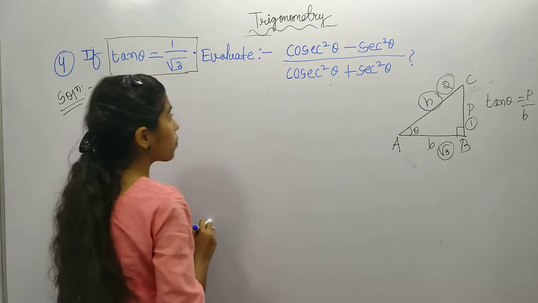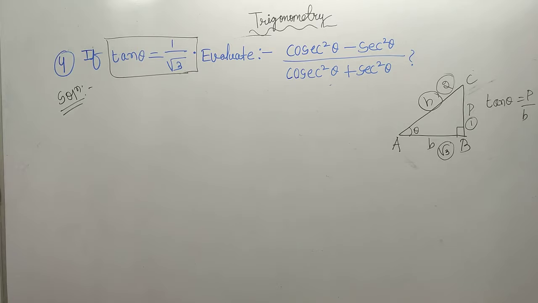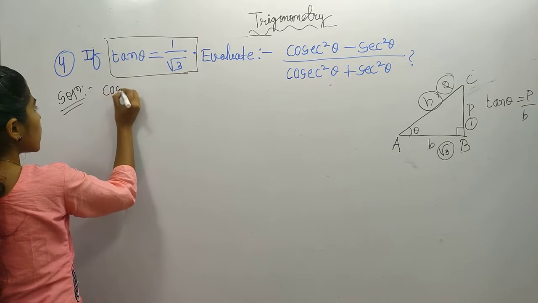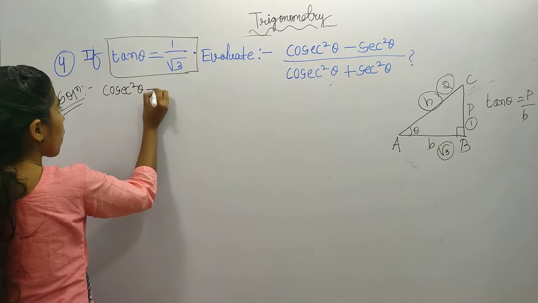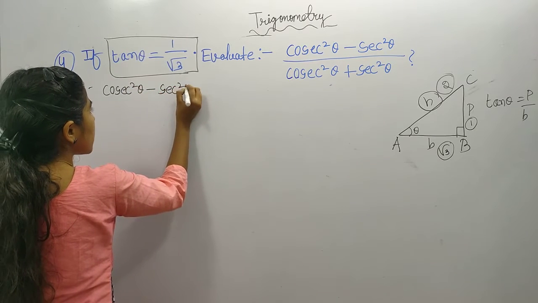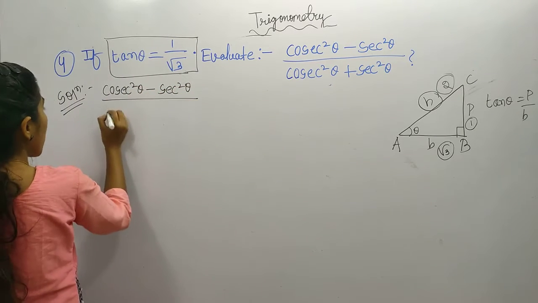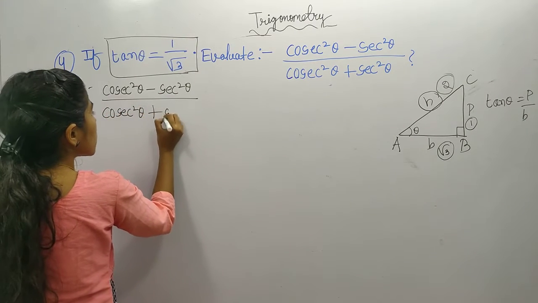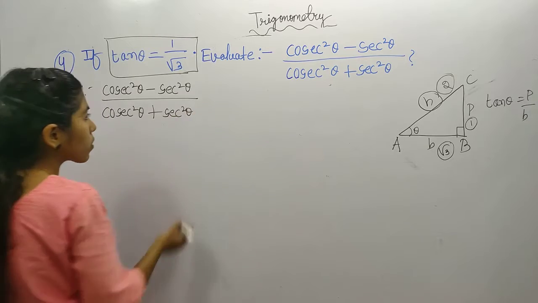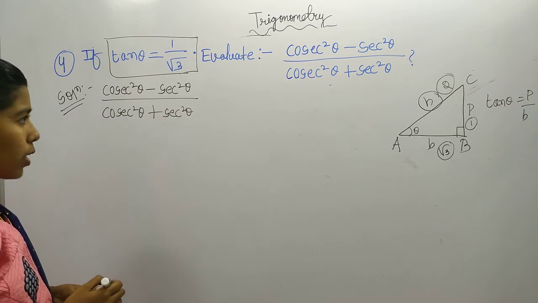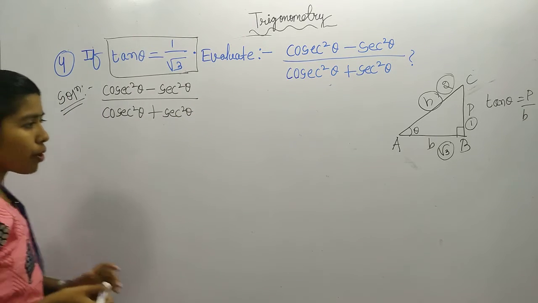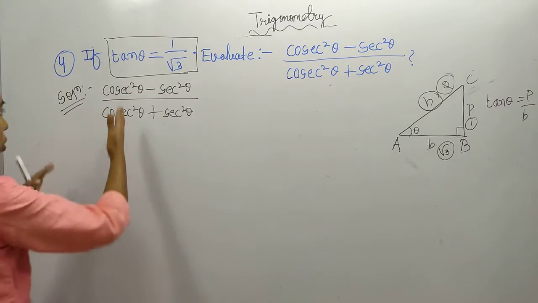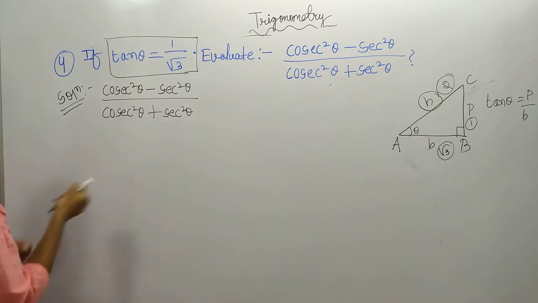So here we will write the question. Given: cosec square theta minus sec square theta divided by cosec square theta plus sec square theta. So how will we do this? We have already drawn the triangle, so let's find the values of cosec theta and sec theta first.